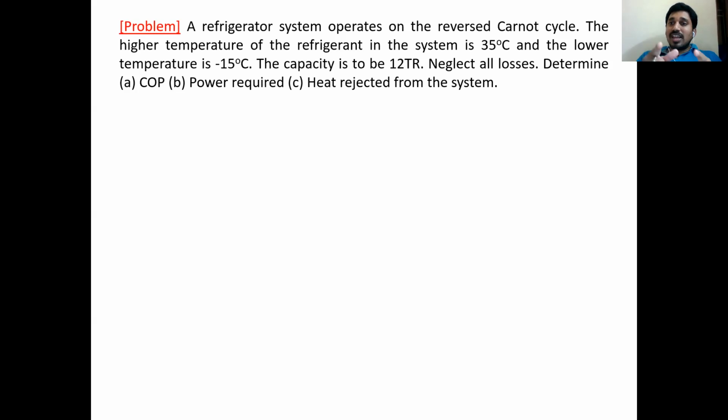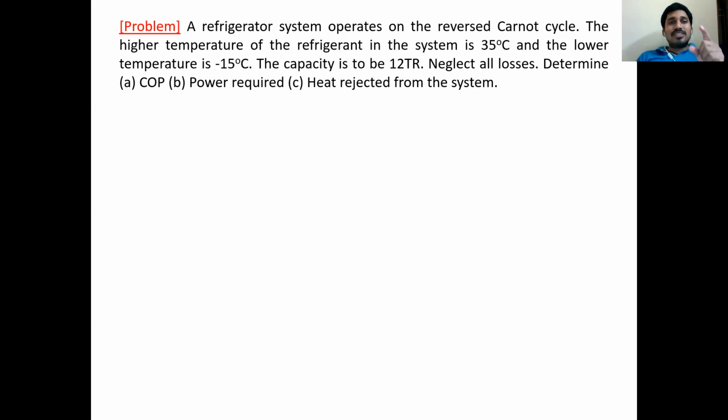Perfect refrigeration cycle is nothing but the Carnot cycle or Carnot refrigerator. There is no perfect refrigeration system in the world except Carnot. Carnot refrigerator is the perfect, ideal one. So sometimes if you get it in the examination as a perfect refrigeration system, you should take it as the reversed Carnot cycle or Carnot refrigerator. Remember. So a refrigeration system operates on the reversed Carnot cycle.